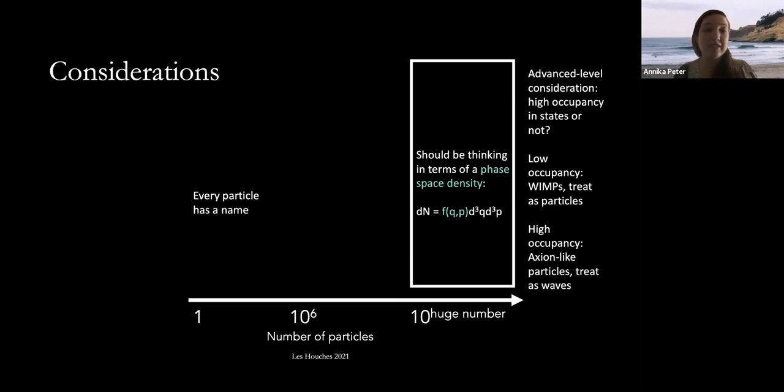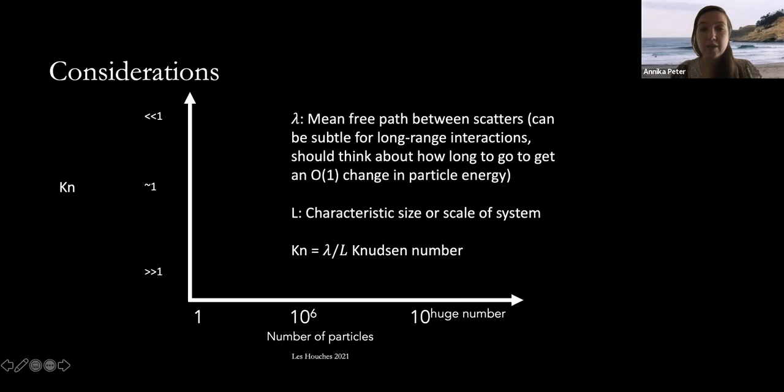And so it makes more sense to represent that dark matter candidate as a field or a wave rather than as a discrete set of particles. We're going to see that come up again probably in tomorrow's lecture. So that's one consideration of this axis: how many particles do you have? And if you're in the high particle number limit, should you really be thinking of particles as particles, or should you be thinking about fields instead?